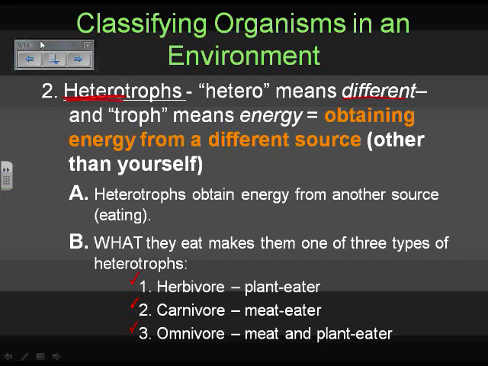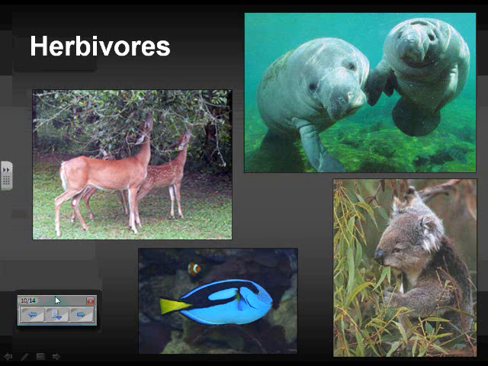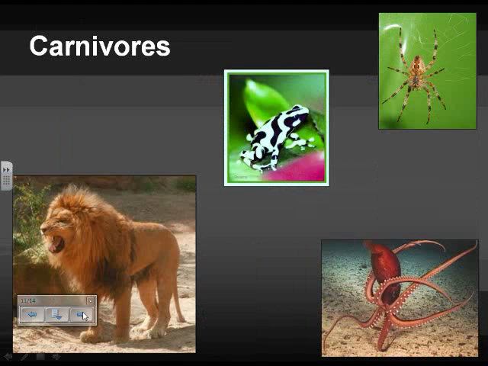Herbivores, carnivores, and omnivores, those should all be pretty familiar to you. So we have herbivores being our plant eaters. We have deer, manatees, fish, this is a blue tang. We don't always think about the fact that organisms that eat algae are herbivores.